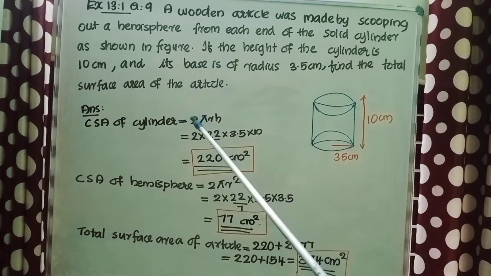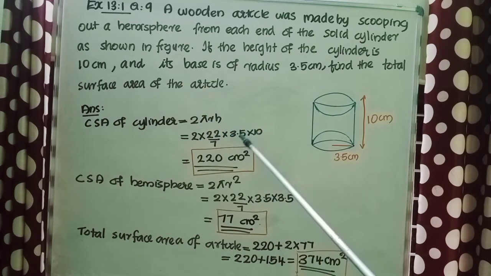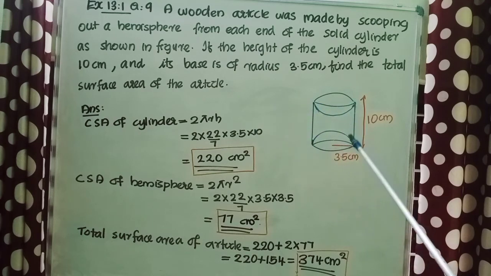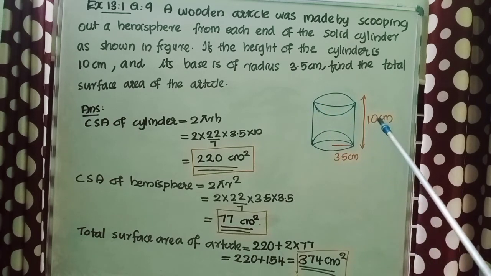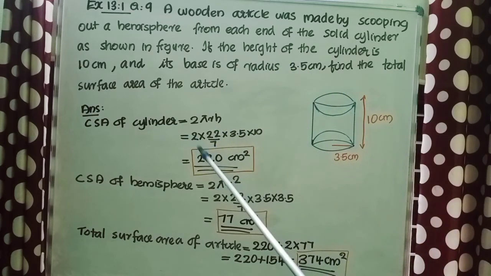CSA of cylinder equal to 2 pi RH, that is 2 into 22 by 7 into 3.5 into 10. Here radius is 3.5 centimeter and height is 10 centimeter. So we get CSA of cylinder 220 centimeter square.